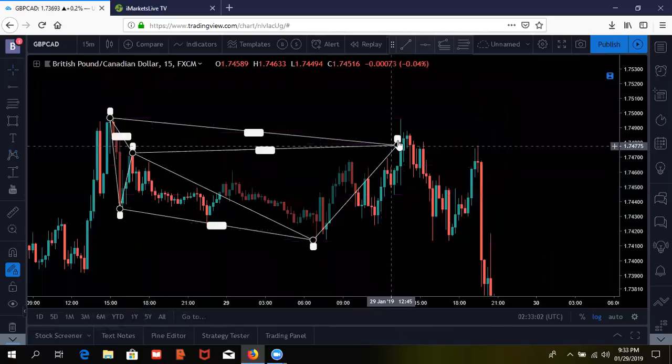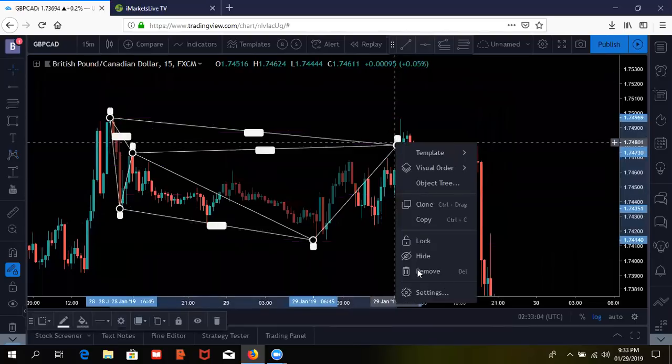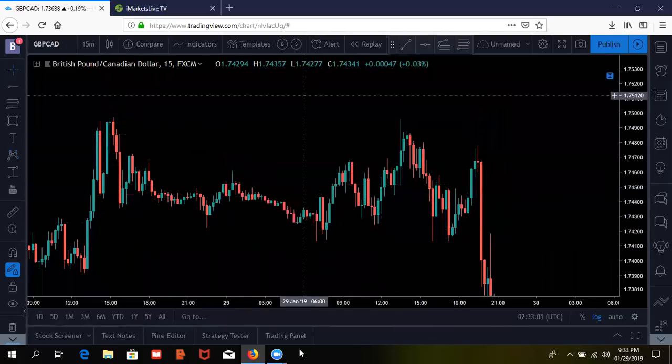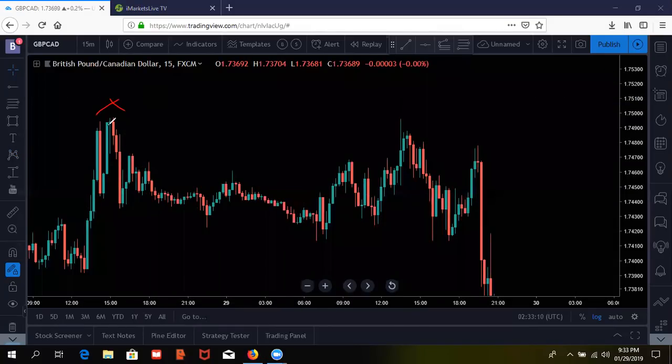So the other pattern that I saw, let me delete everything again. I'm going to take this level of resistance right here as my anchor leg. So from X, follow the market all the way down to A. I'm going to take my fib and measure out this move to get my B point.